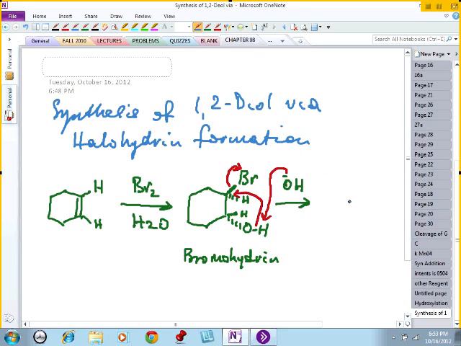Okay? So we form an epoxide. So this is another way in which we could form an epoxide.